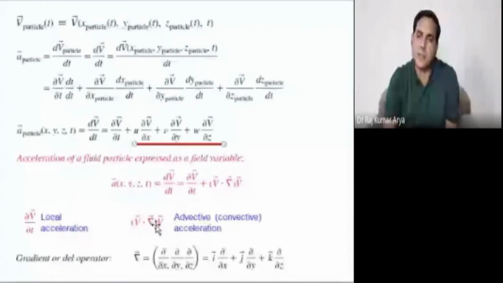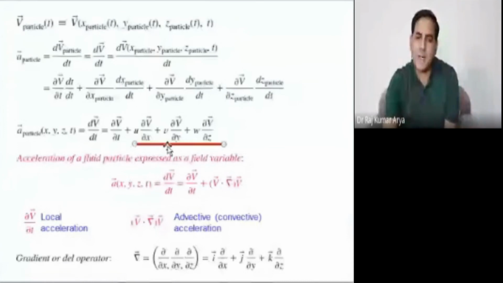So today, try to do the derivation: the dot product of vector V with del. Are you getting this equation or not? Have you done the dot product of vectors? Yes, sir.